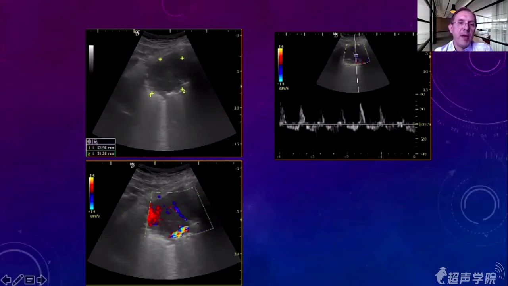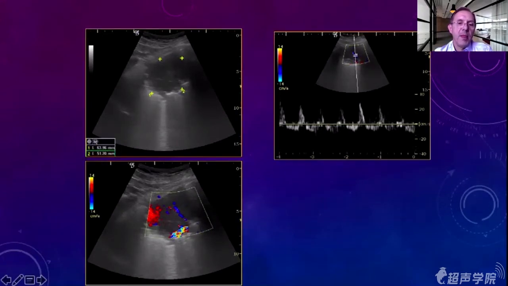Another case of a mass in the peripheral part of the lungs with great vessels.